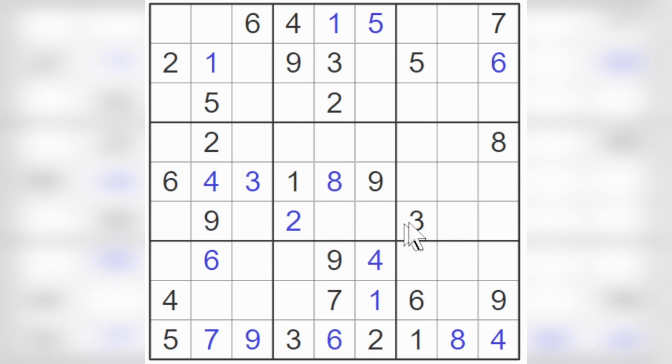But I nearly overlooked the 3 that we get this way. So 6, 7, 8 for these squares. So this is a 6 or a 7. This is a 6 or a 7 now.